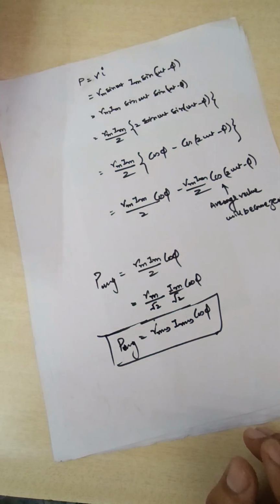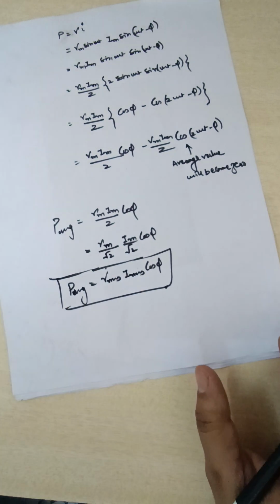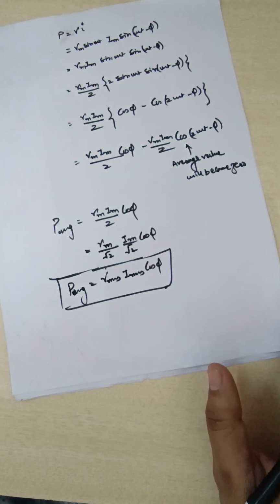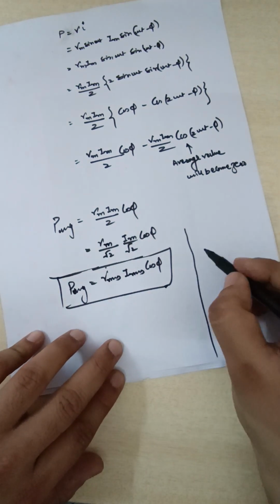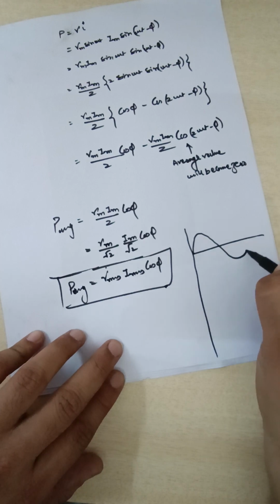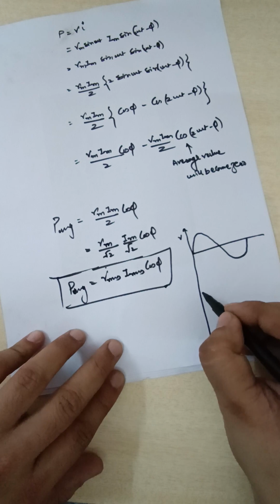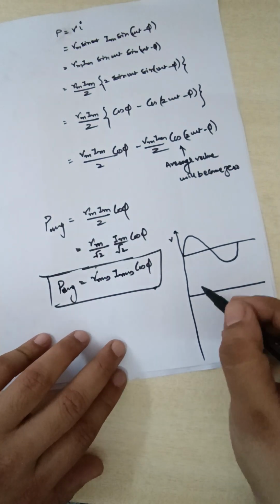Now if I draw the waveform diagram for the voltage and current and power, look here, this was the voltage. Now what is current? Current is lagging the voltage by some angle phi.